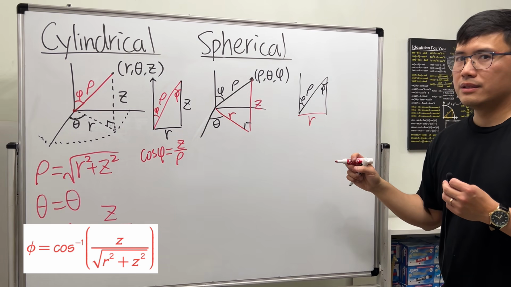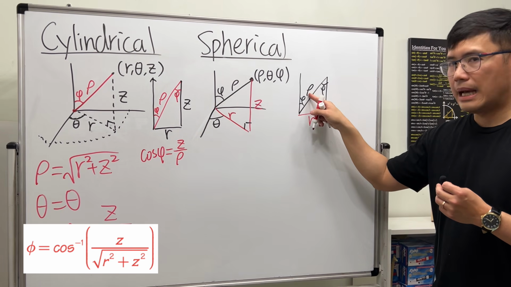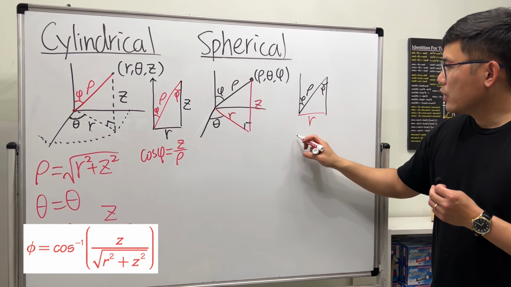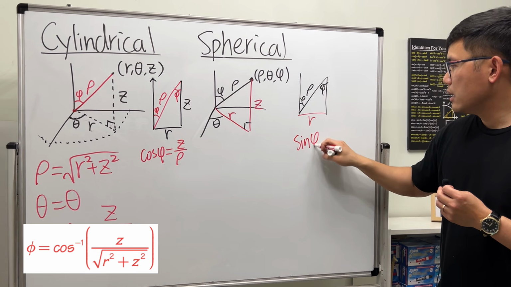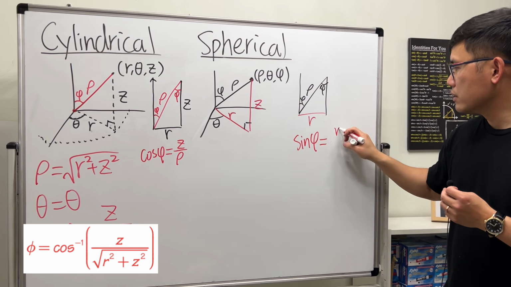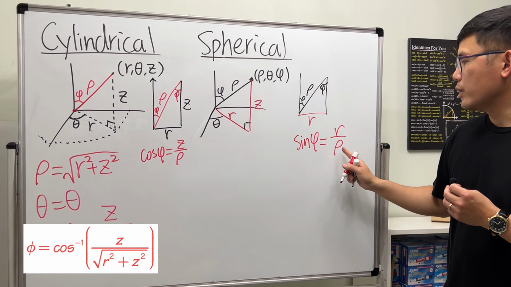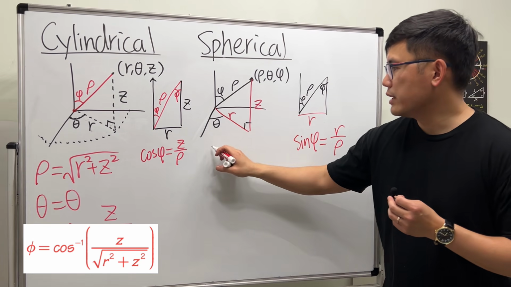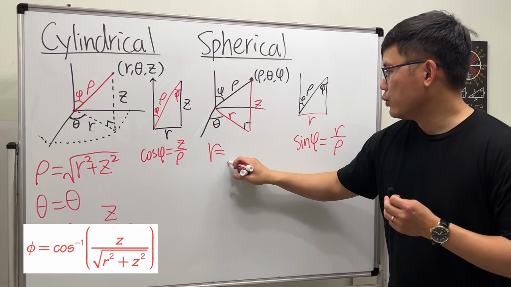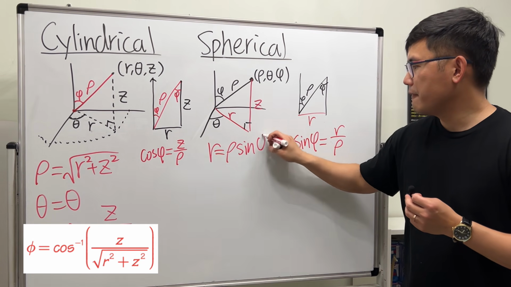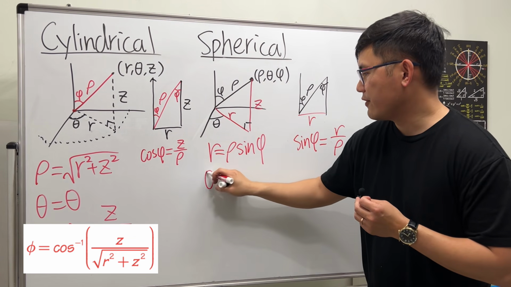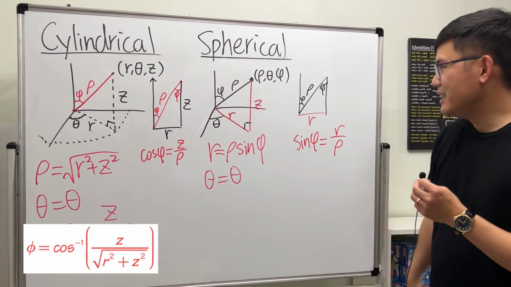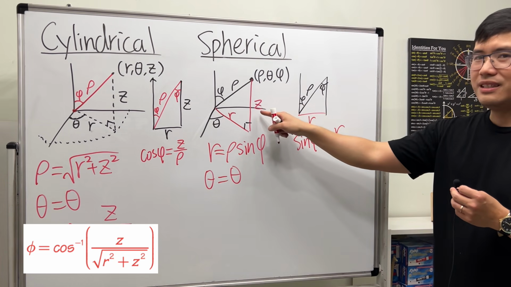So what can we use? Opposite and hypotenuse. So we can say sine of phi equals r over rho. So in another way, we can just multiply rho on both sides. We can say r equals rho times sine phi. And then theta, it's the same as that theta, so that's very nice. Lastly, ladies and gentlemen, how can we get z?